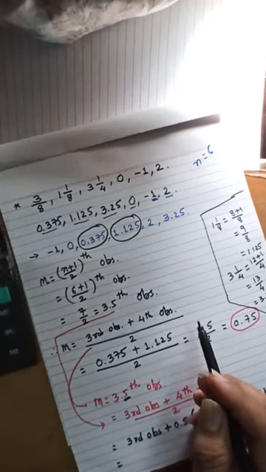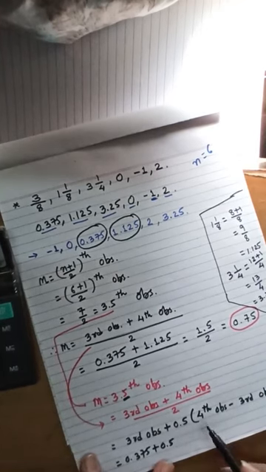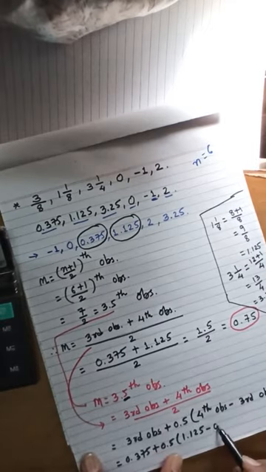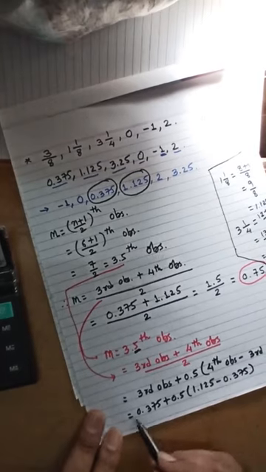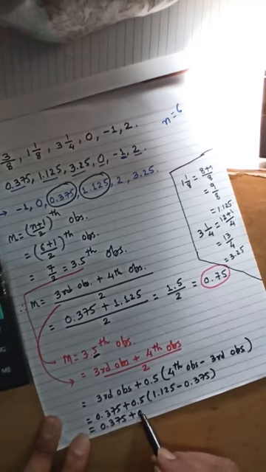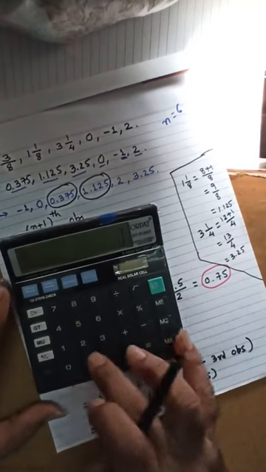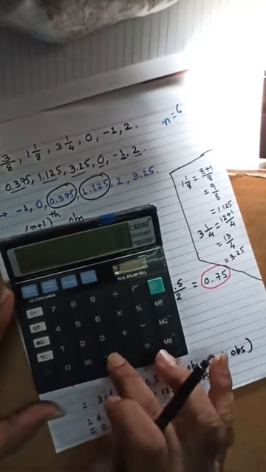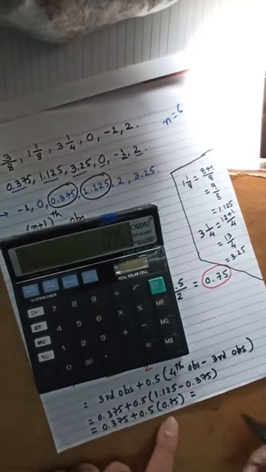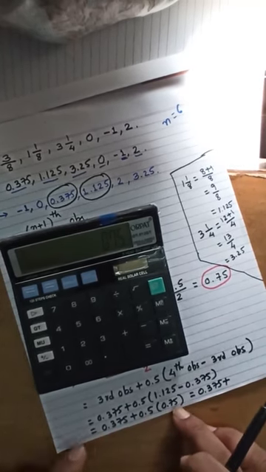The third observation is 0.375, plus 0.5 into the fourth observation 1.125 minus the third, 0.375, is equal to 0.375 plus 0.5 into 1.125 minus 0.375, which is 0.75, is equal to 0.375 plus 0.5 into 0.75.